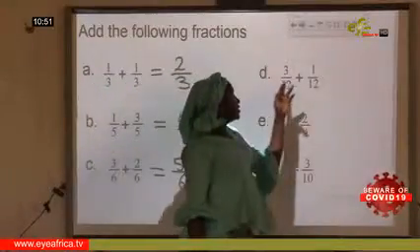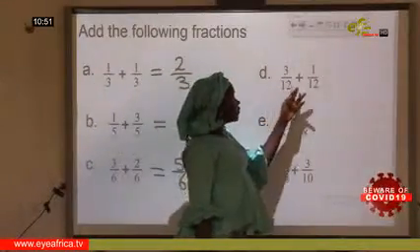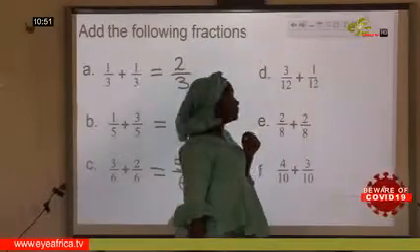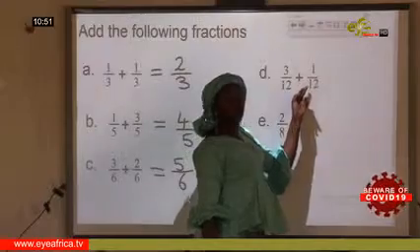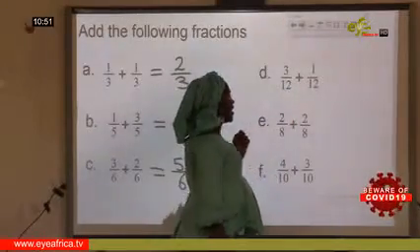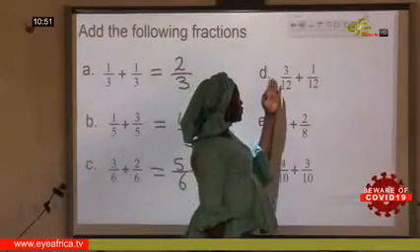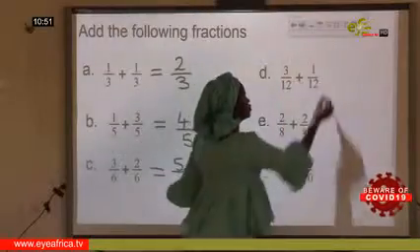Question D. 3 over 12 plus 1 over 12. That is 3/12 plus 1/12. So again we are to add the numerators.